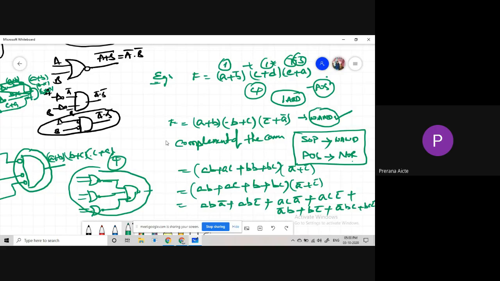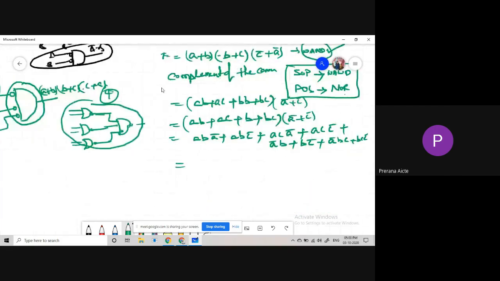Sir, what is the value of A bar? According to the complementary law, A dot A bar equals 0, A plus A bar equals 1.